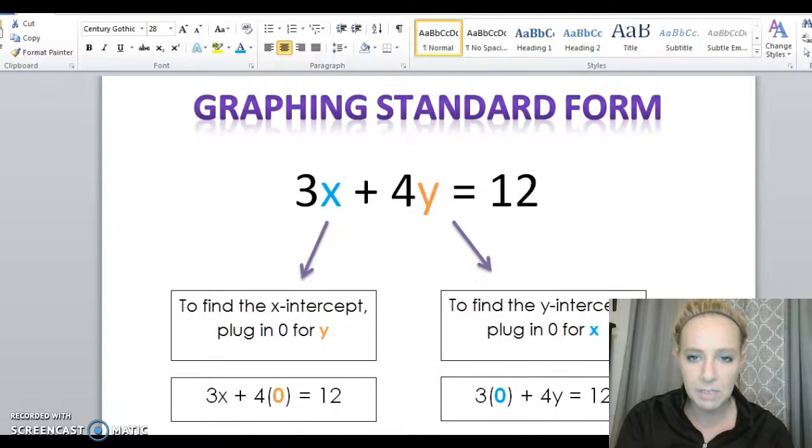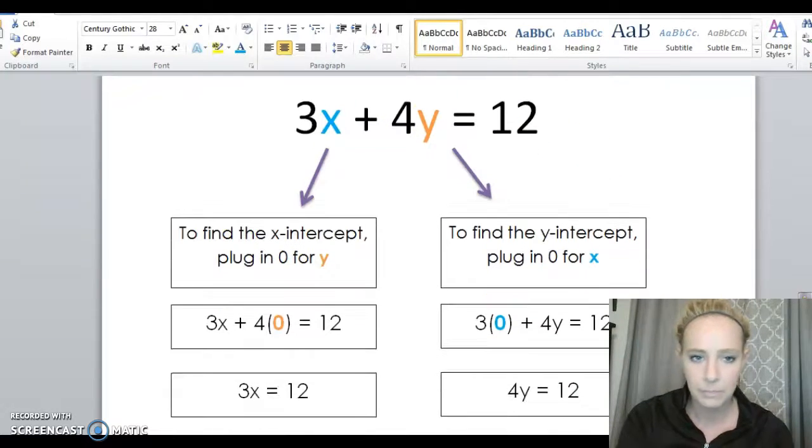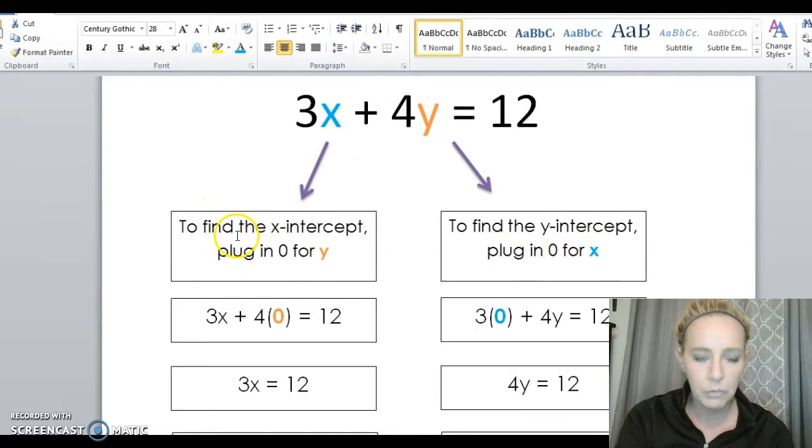So graphing in standard form, there's two parts. Again, here's the equation in standard form: 3 or A, x, plus 4 or B, y, equals 12. To find the x-intercept, or where the line crosses the x-axis, we're going to plug in 0 for y.